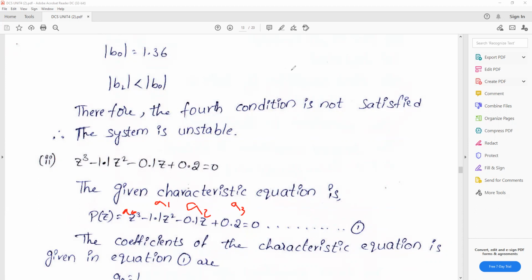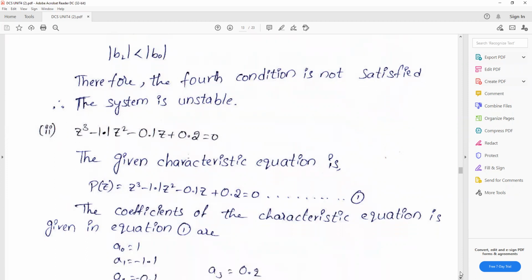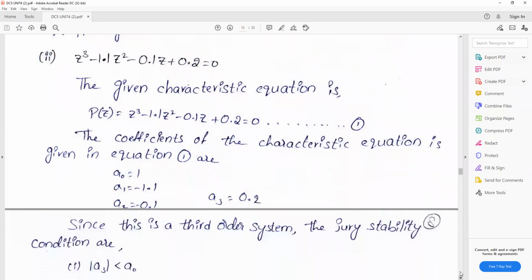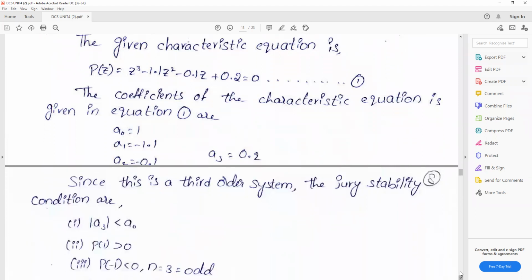So these are all the coefficients of the characteristic equation.